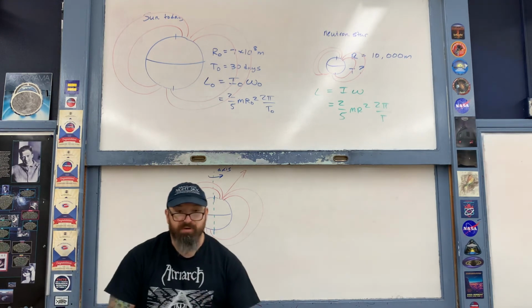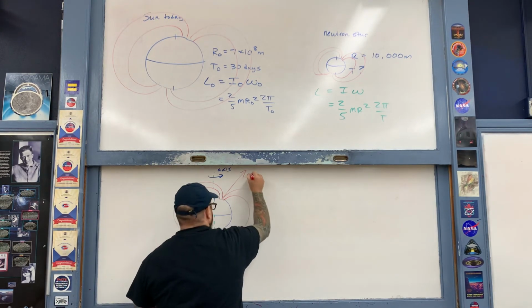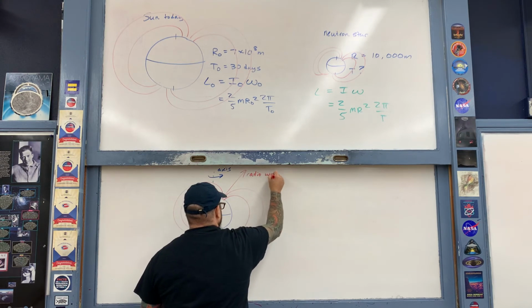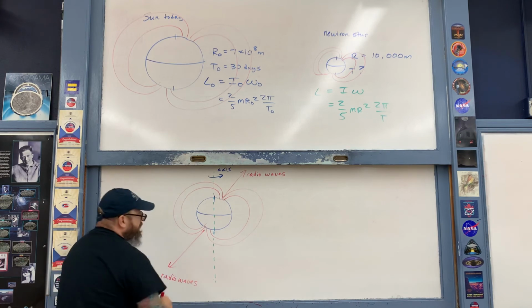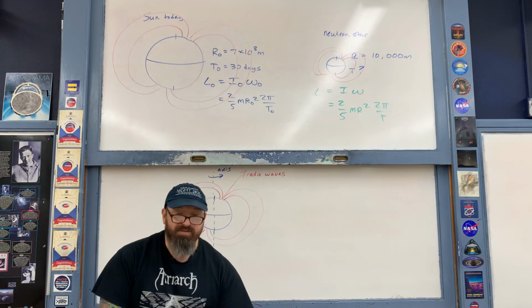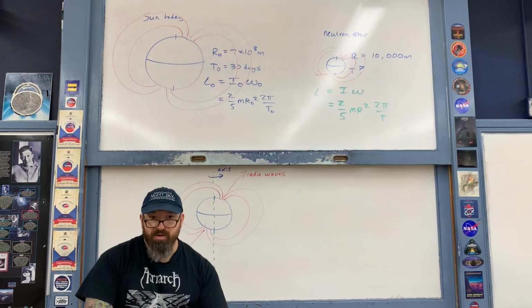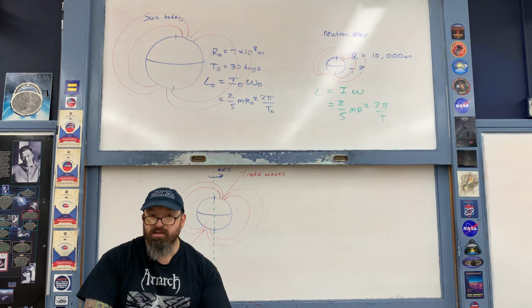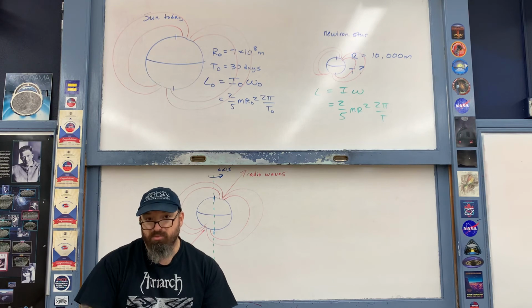A lot of this radiation, by the way, is in the form of radio waves. And then let's say that the Earth happens to lie along the line of sight of those radio waves. Every time that those radio waves sweep over us, much like a lighthouse light, for example, we would then see it as a radio pulse.